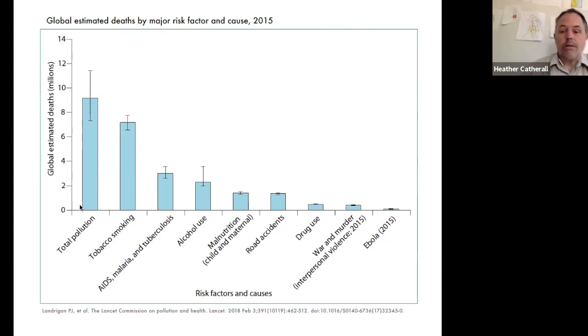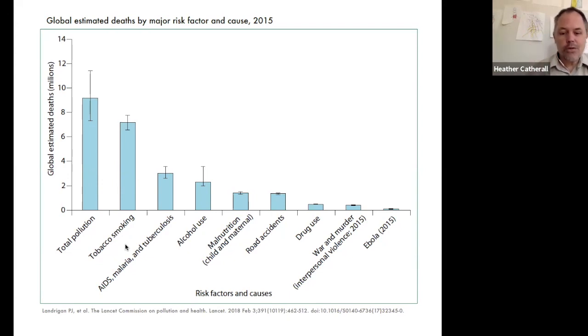So this was an effort to categorize that. And they use the terms risk factor and cause. So total pollution is the number one of those things, right? They generously took tobacco smoking out of that category just to have a more fair assessment, right? Take tobacco smoking as its own thing, and you could call that an environmental problem.